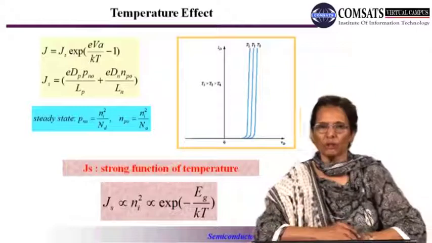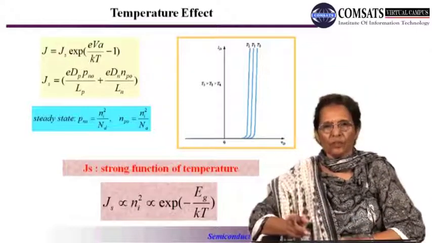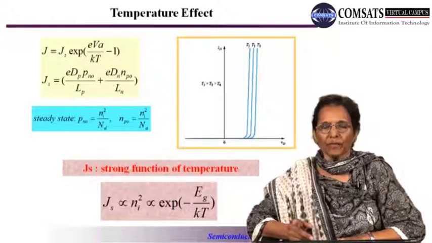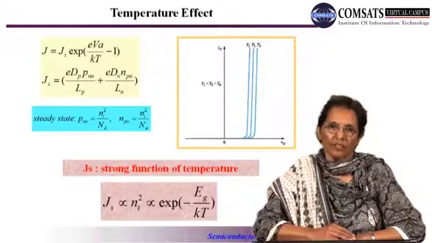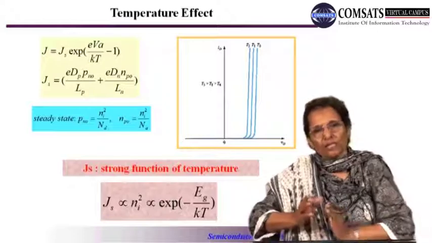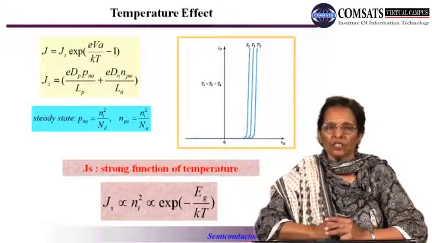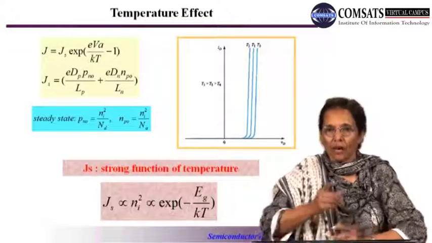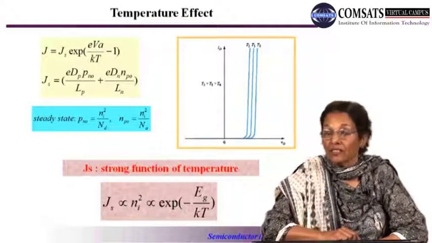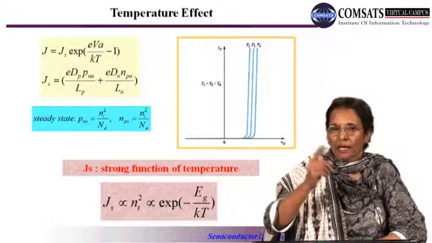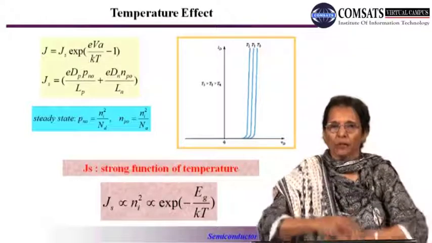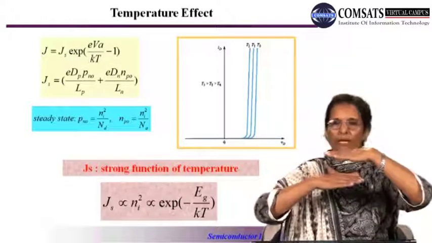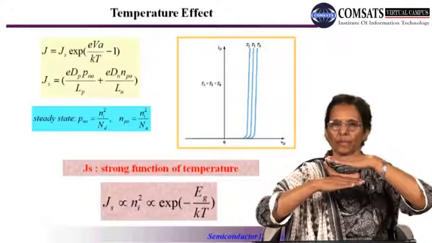Therefore you can appreciate that as the temperature increases, the thermal generation rate increases, in simple words. How does it increase? It increases exponentially. And in the numerator you see the band gap. So here is a certain magnitude of the band gap.